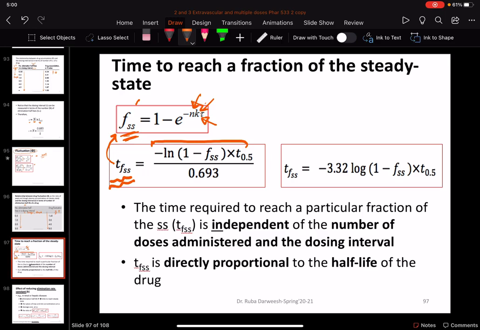We know that in this equation, the time to reach a certain fraction of the steady state is only dependent on the half-life, or in other words, K. Okay? And we know this already.